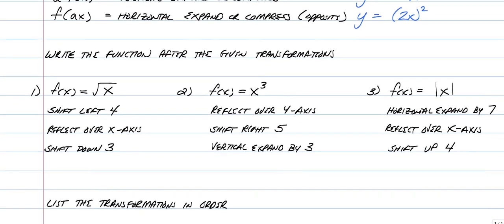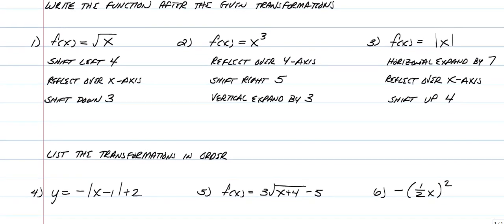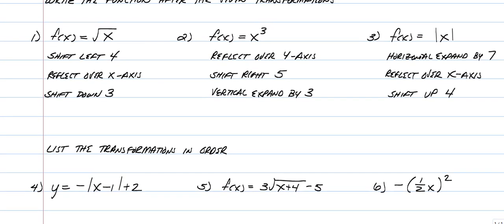Now we're just going to go play with them. Write a function given the transformations. I'll do the first one, then you can pause and see if you can handle the rest. Again, we're going to have f of x equals, and now we have to read through what we need so we can figure out where we're going to put things. We're going to shift left 4, reflect over the x-axis, and shift down 3.